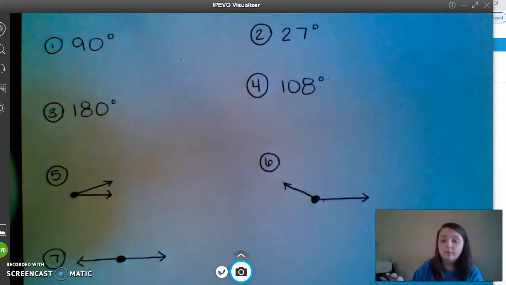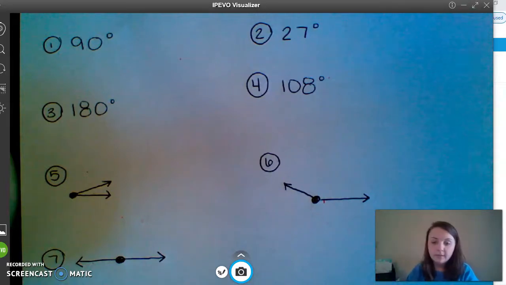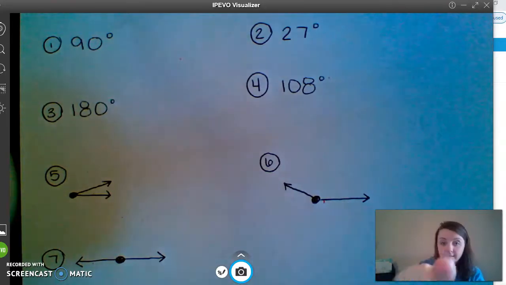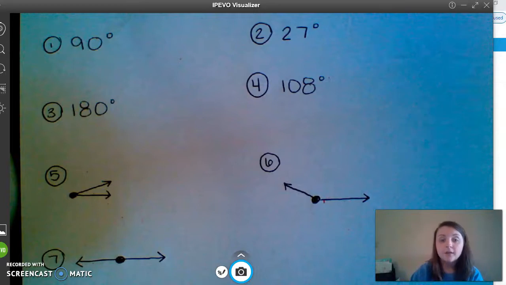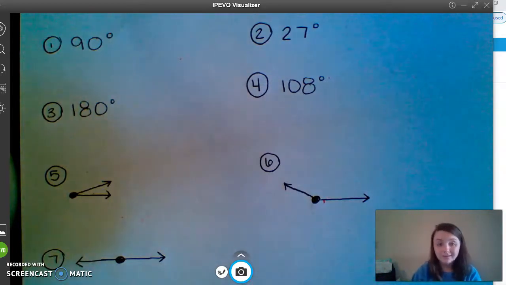But if you're at home without internet, and you're using a jump drive, you need to write your answers on a piece of paper. If at the top you put 427 independent practice, that will help me, and just write your answers. Then take a picture of it with your device. Look, I'm using my camera right there, and put it on the jump drive. You cannot write on this document unless you print it.